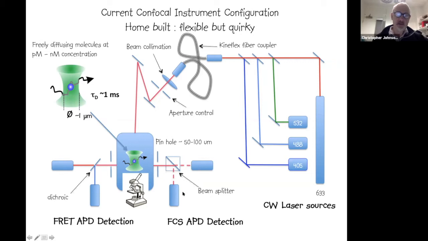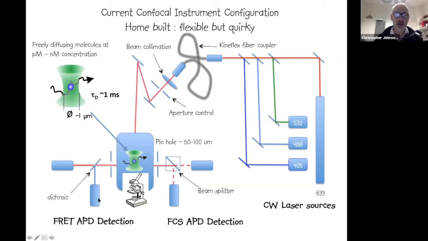This allows us to do cross correlation between these two photodiodes, and this removes a potential artifact called afterpulsing from the photodiode signal. This is particularly important when we want to look at sub-microsecond dynamics.